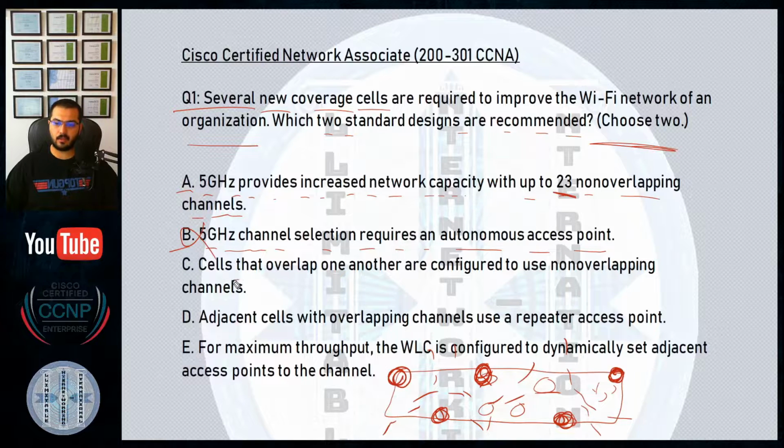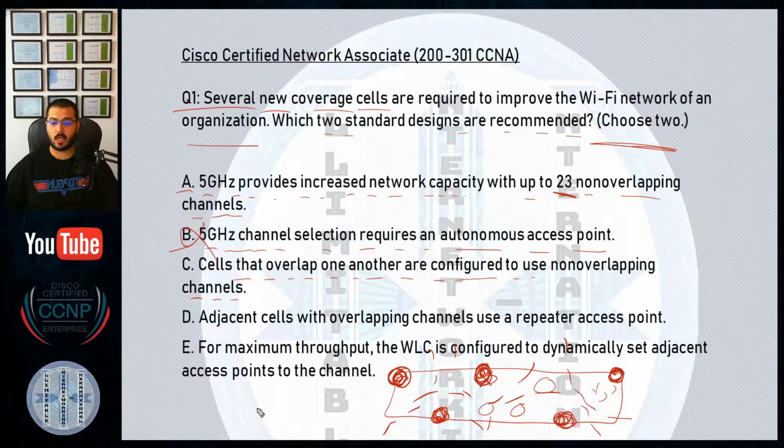C, cells that overlap one another are configured to use non-overlapping channels. By the word cells, it means access points, a cell that is broadcasting, the access point itself. So it says that cells like those three, that might have overlapping channels between them, can be configured to not have overlapping channels.